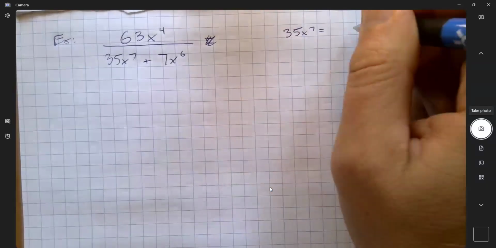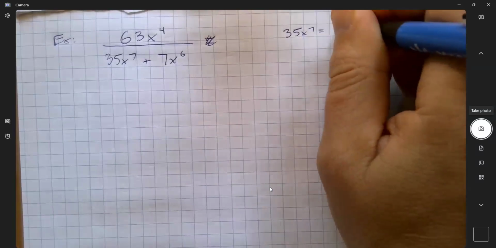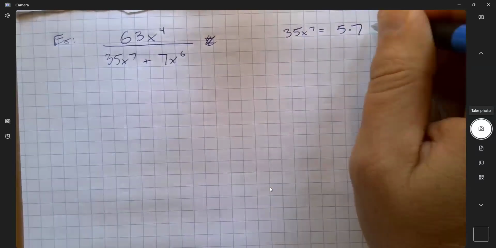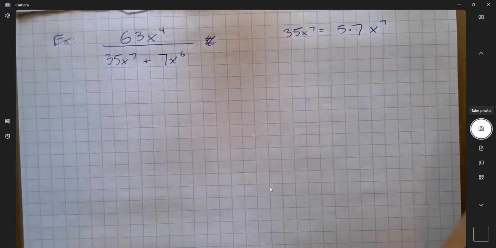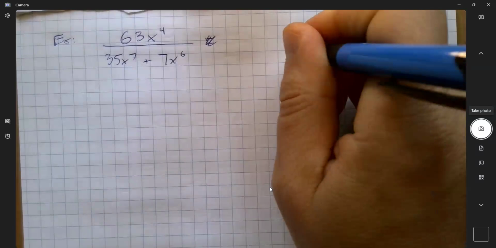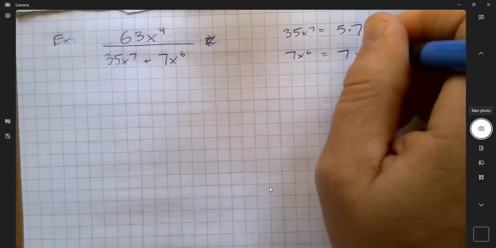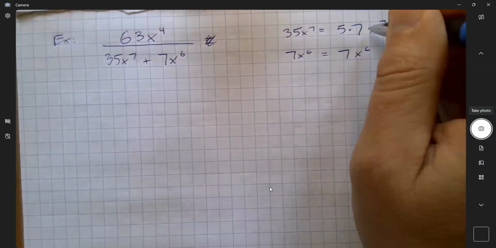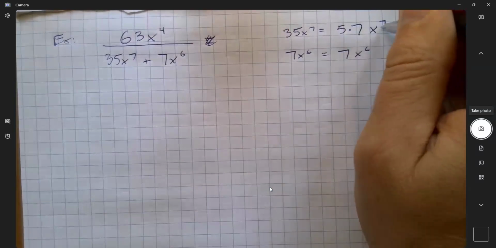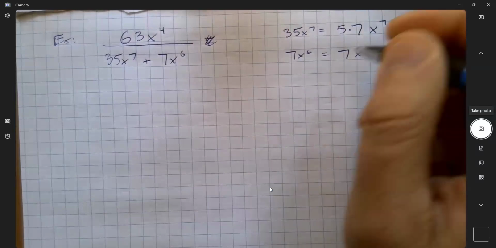35x to the 7 is 5 times 7, and then 7 x's. I'm going to get a little lazy and just write down x to the 7th. And then 7x to the 6th, well, that's 7x to the 6th. And so I see that I have a 7 in the top and the bottom. And I have 7 x's and 6 x's.